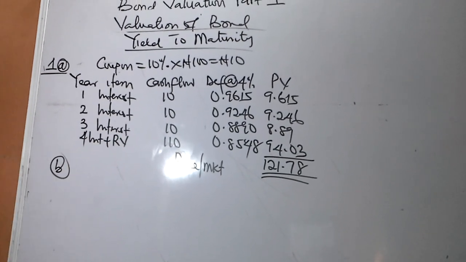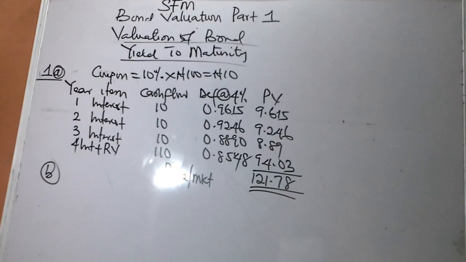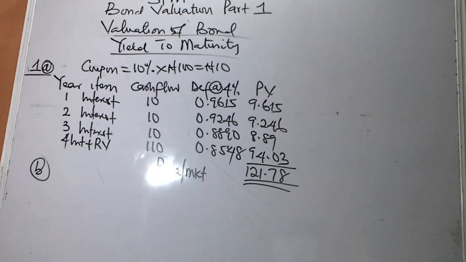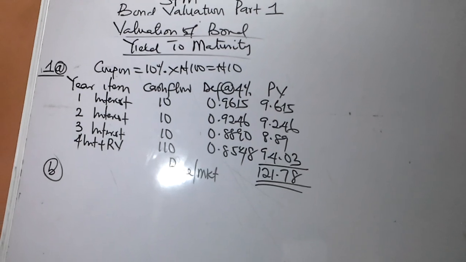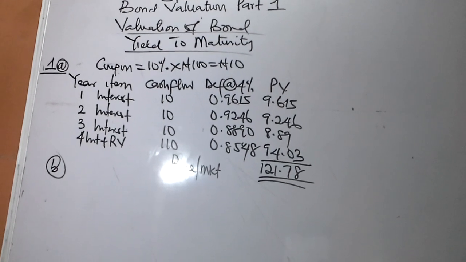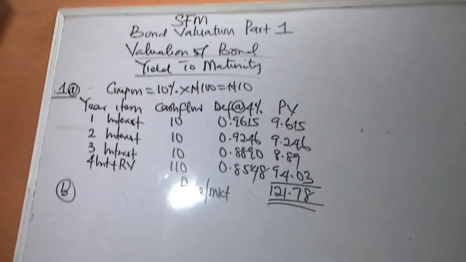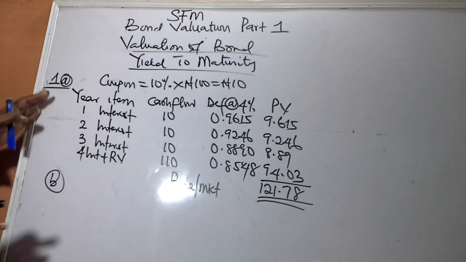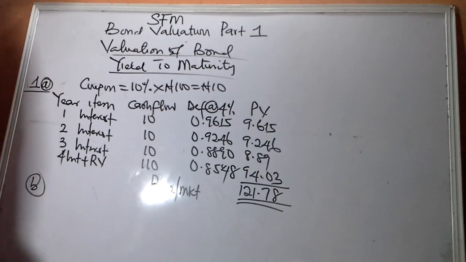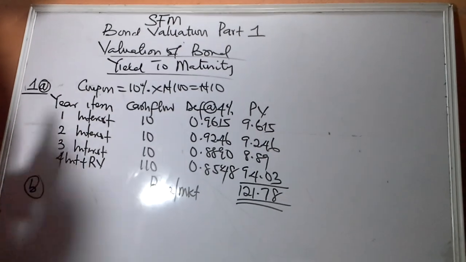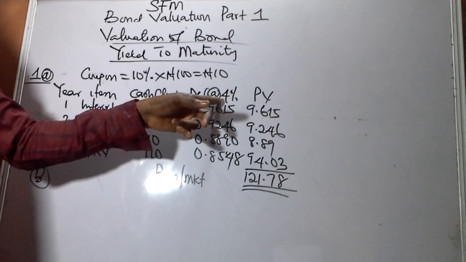1B is the same question. It says, suppose all information is the same, except that the yield or required rate of return is 6%. 1B maintains the same information as contained in 1A, except that in this case the bondholders are demanding 6% yield as returns and not 4%.